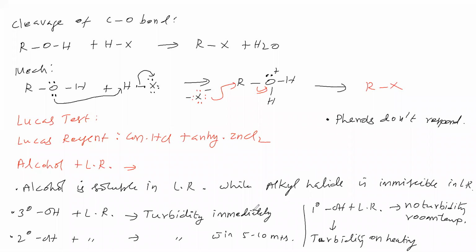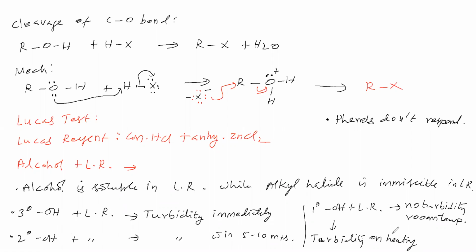Secondary alcohol forms alkyl halide within 5 to 10 minutes. Primary alcohol does not form alkyl halide at room temperature, whereas it forms alkyl halide on heating.